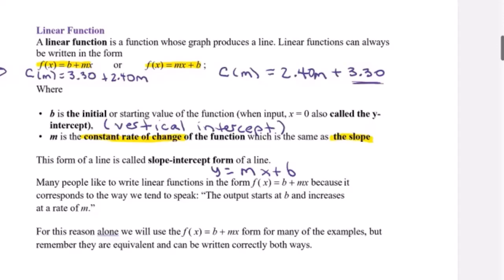For this reason alone, we will use f of x equals b plus mx form for many of the examples, which is actually why I'm bringing it up. Many of the examples that you'll see in this book, the b, or the intercept, will come first and the mx, or the slope or the rate of change, will come second. But you can even change it into whatever it is you would like to see.